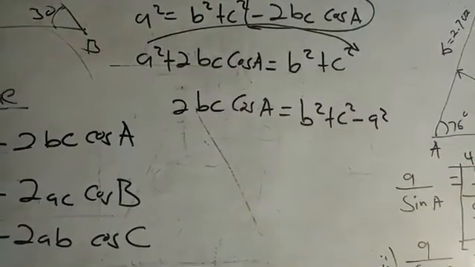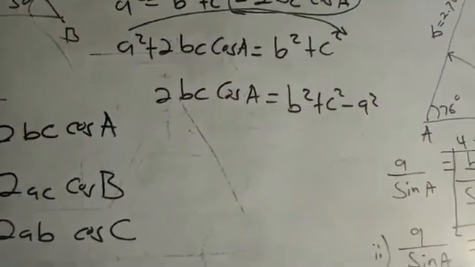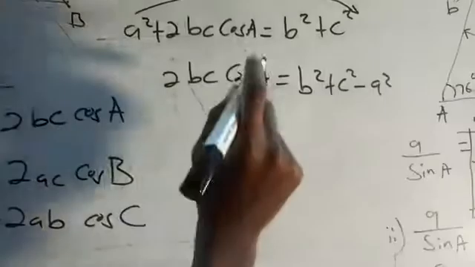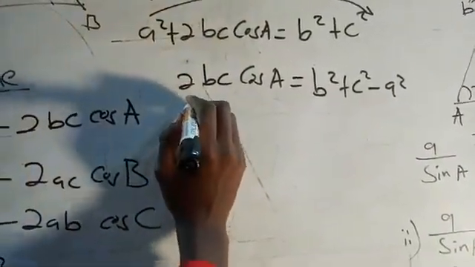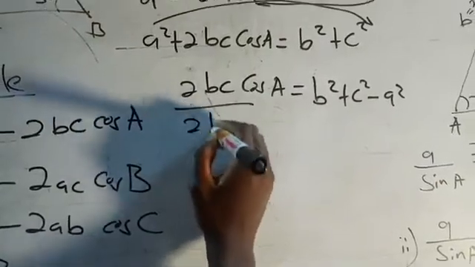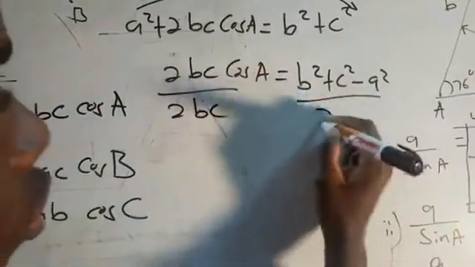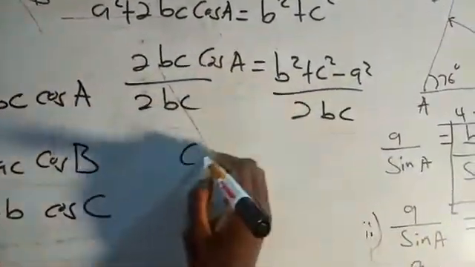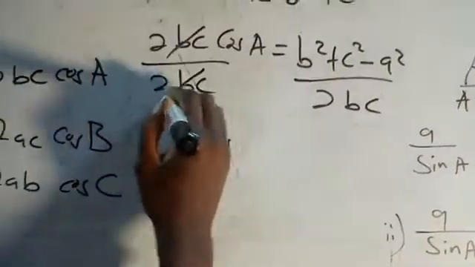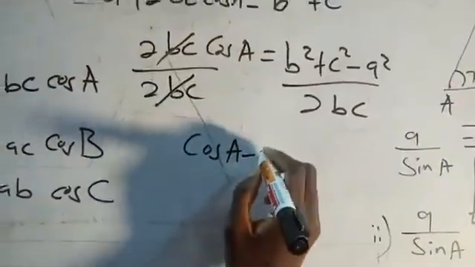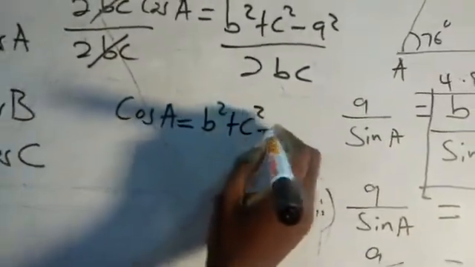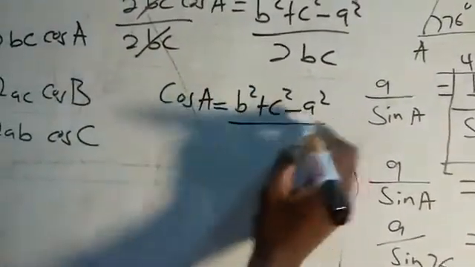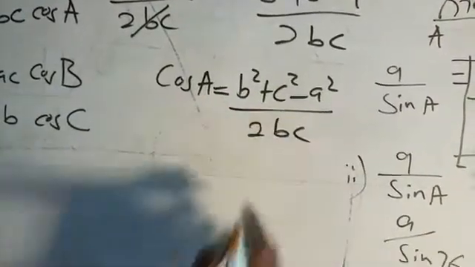Remaining with cos A, we are going to divide by 2bc, becoming cos A equals b squared plus c squared minus a squared over 2bc.